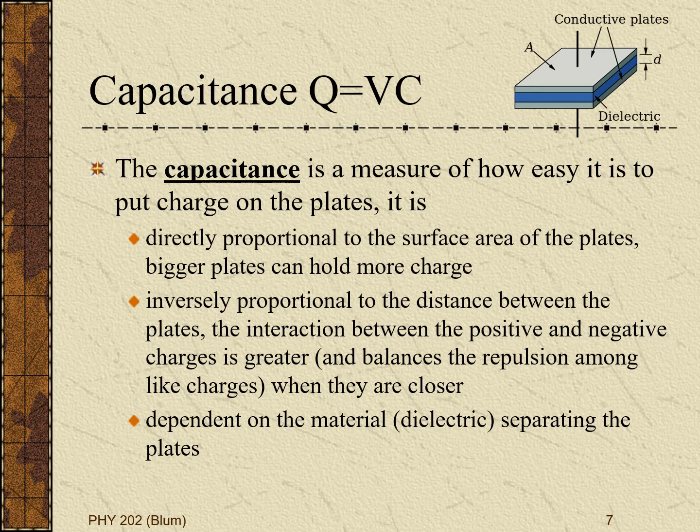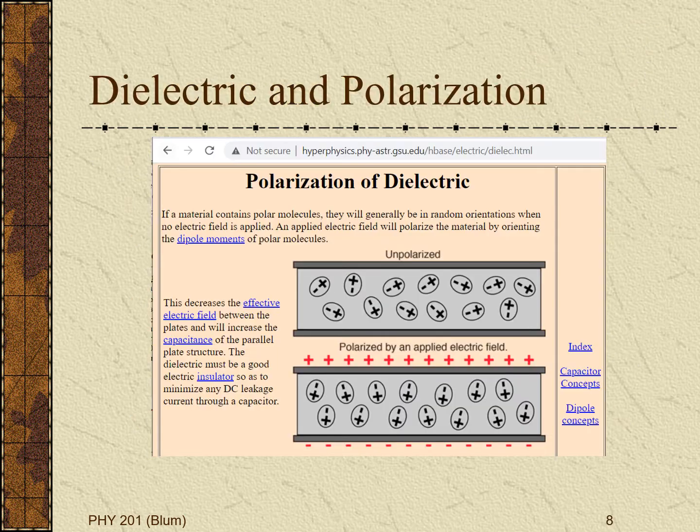And finally, there's a dependence on the material, the dielectric between the plates. The dielectric, like all matter, is made up of protons and electrons and so on, so it's overall neutral, but there are positive and negative charges in there. When you apply the positive charge to one side of the capacitor and negative charges to the other, you might get some aligning of the positives and negatives within the dielectric material.